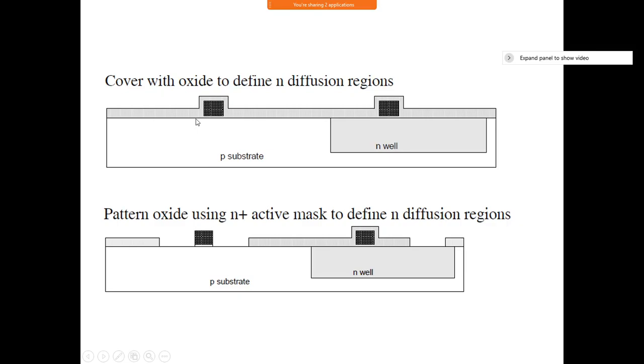what needs to be done? PPR, sir. Okay. Use a mask to define where you want to have N plus diffusion. Correct? Yes, sir.